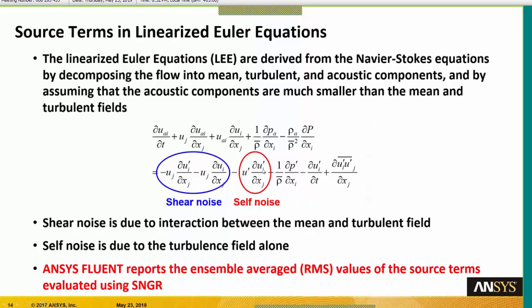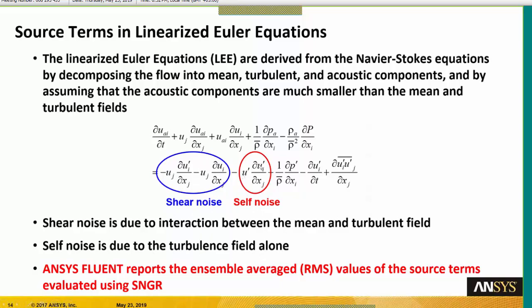Self noise, why self? Because here you recognize that you have this fluctuating term which is interacting with the same fluctuating term along each component. And for shear noise, you see that you have a strong interaction between a fluctuating term and a mean term, and here between a mean term but along 2 different components. So self noise is due to a turbulence field alone.